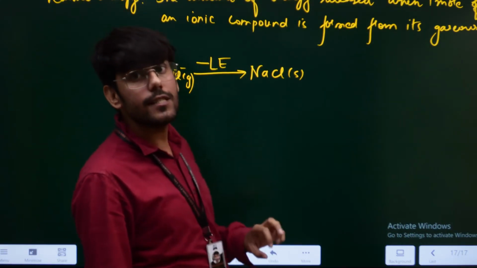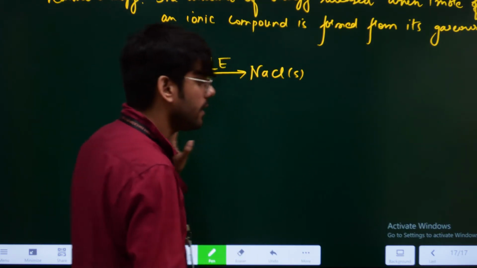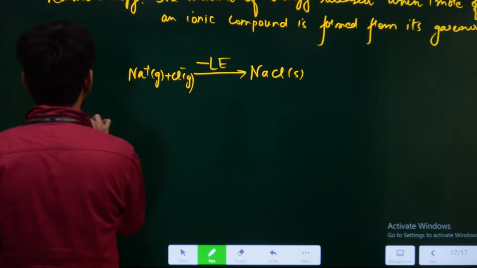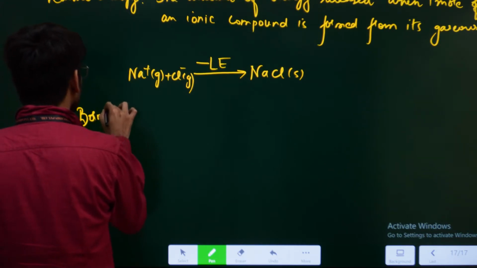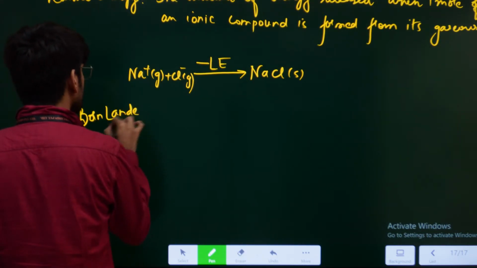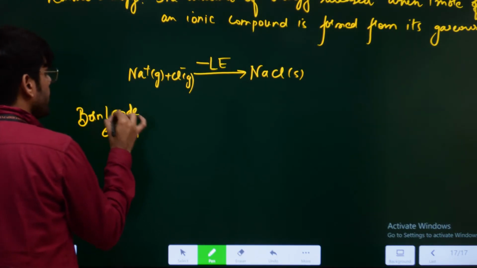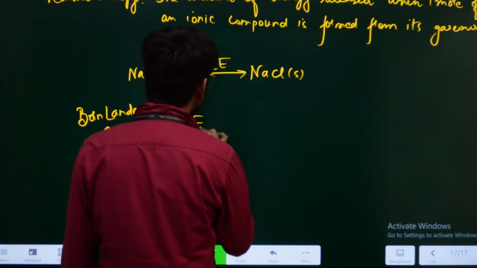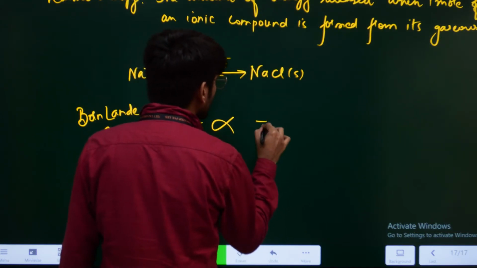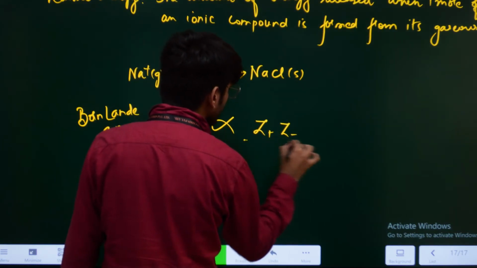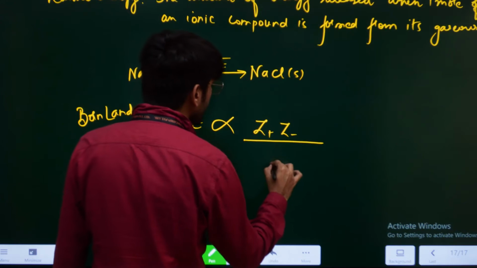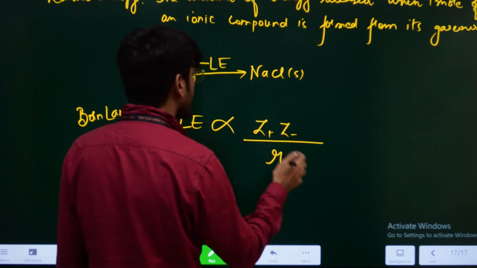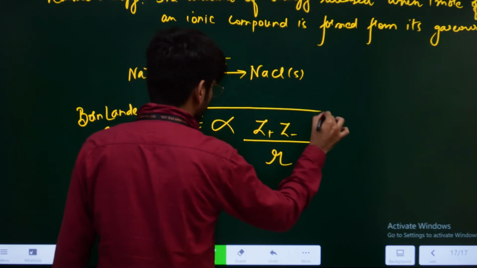And hence more will be the thermal stability. Now, according to the Born-Landé equation, which relates lattice energy with size, lattice energy is directly proportional to the charge on the anion times the charge on the cation, divided by the distance between the anion and the cation.